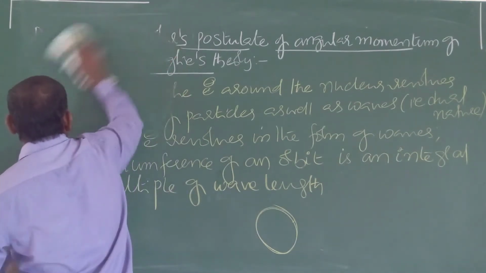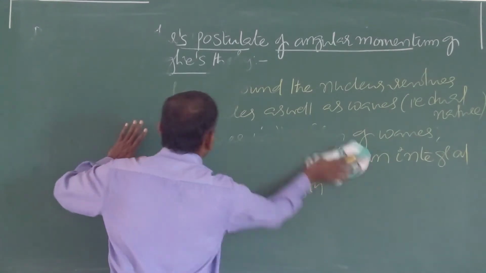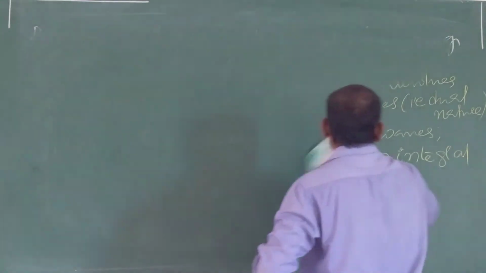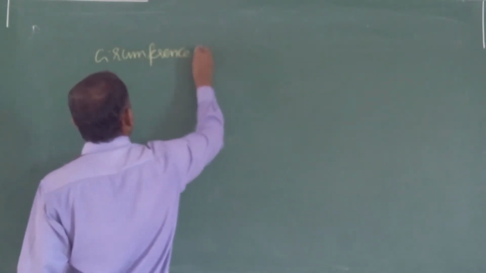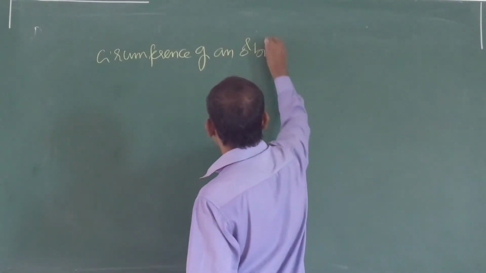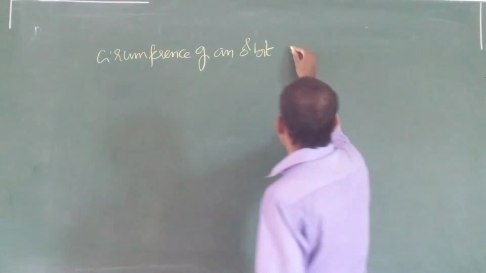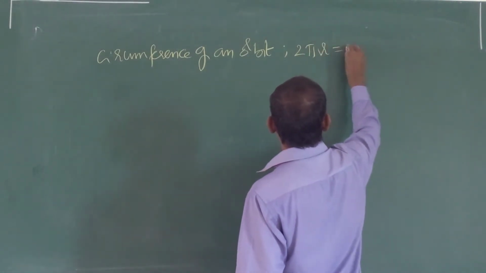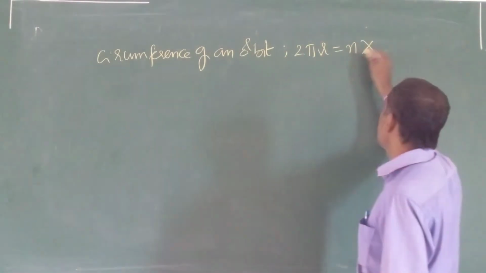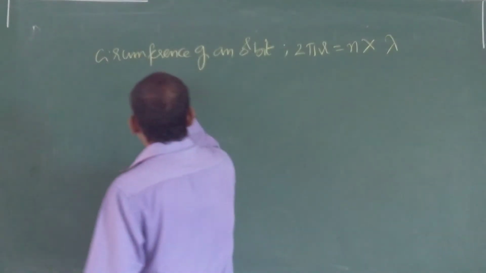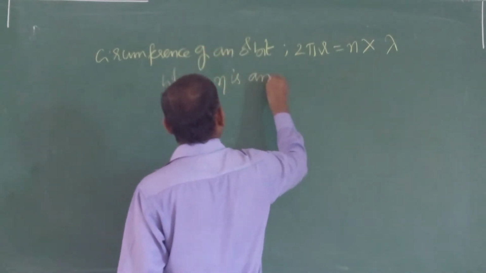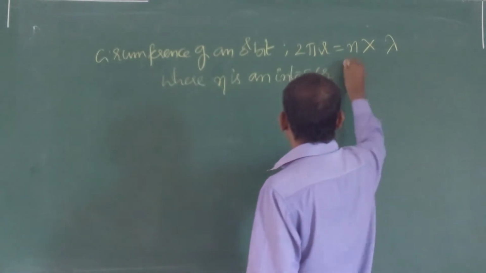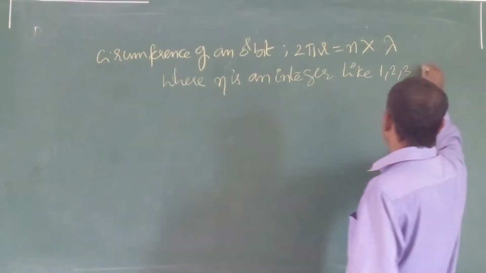Therefore, the circumference of an orbit, 2 pi r, is an integral multiple of wavelength, where n stands for an integer like 1, 2, 3 and so on.